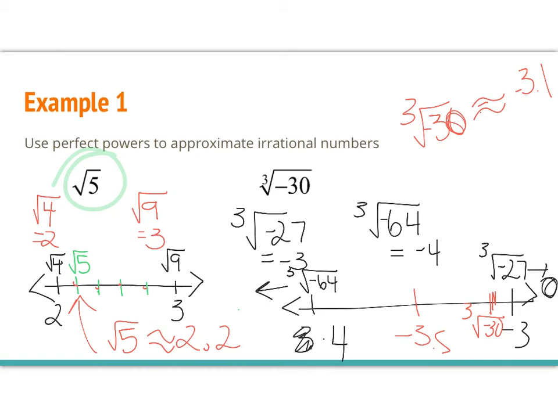So if you are going to use a number line to approximate irrational numbers, approximate means don't use your calculator, and you need to show your work of creating these kinds of number lines using the closest perfect powers on either side of the irrational number we are looking at.